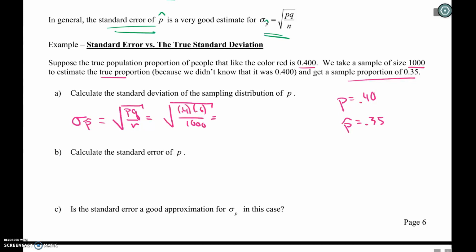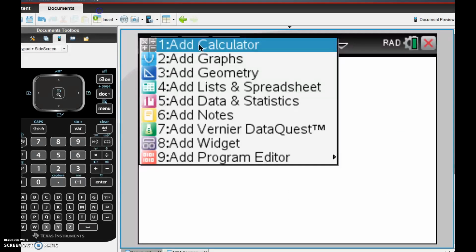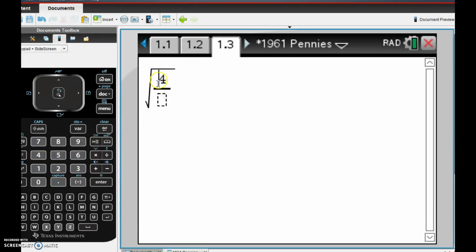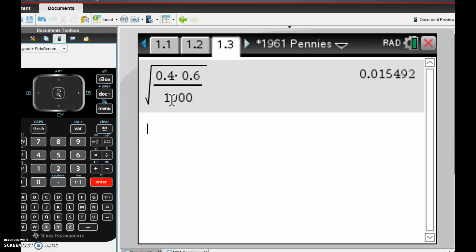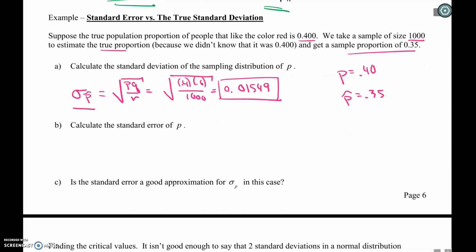That comes out to 0.01549. Now, normally I probably wouldn't go this accurate, but I want to compare the standard deviation to the standard error of my sampling distribution.